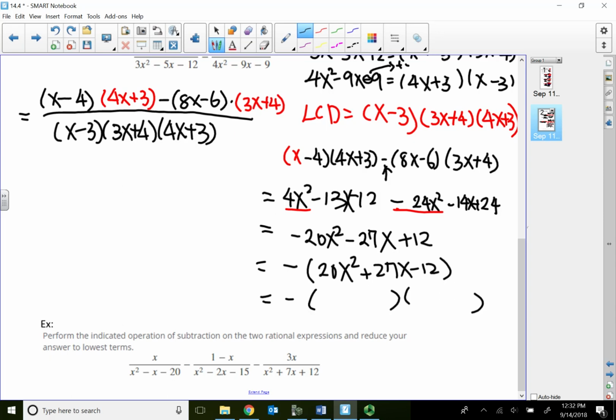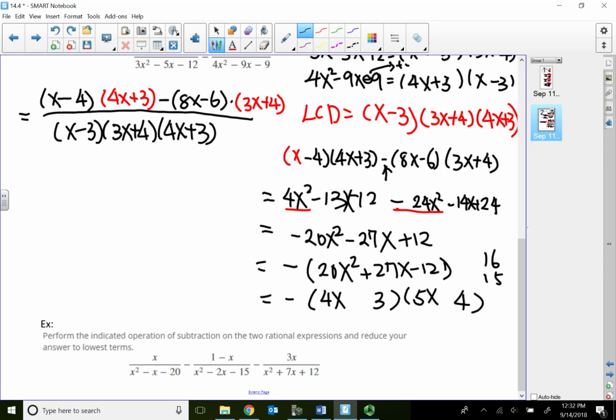For the 20, I can use 4 and 5. For the 12, I can use 3 and 4 or 6 and 2. Let's try 3 and 4. I'm not going to put 4 with 4, so I'm going to put 3 with the 4x. Now my outer is 16, my inner is 15, so that will give me 31.